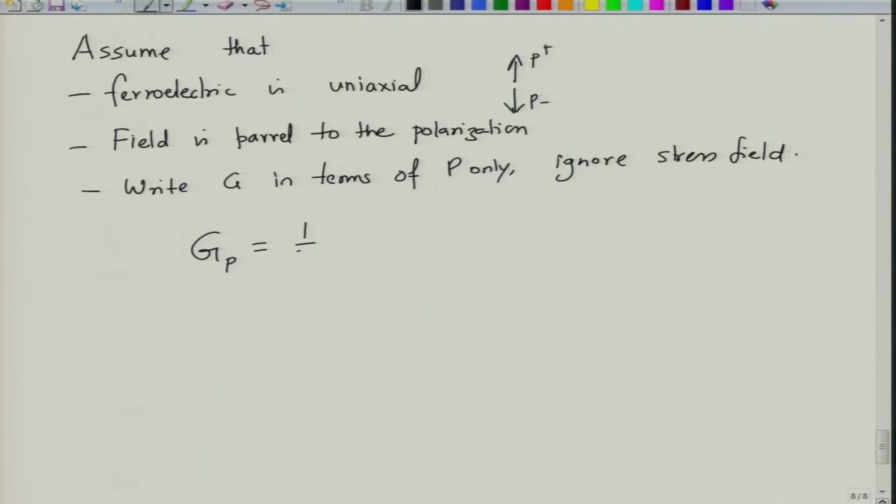So, let us say we write the ferroelectric energy Gp as half of A P square plus 1 over 4 B P to the power 4 plus 1 over 6 C P to the power 6, minus Ep, which is the product of electric field and polarization, which is the depolarizing energy for a ferroelectric.